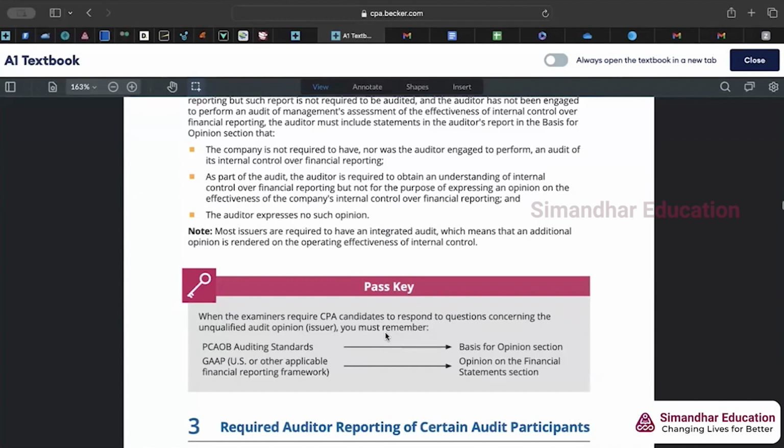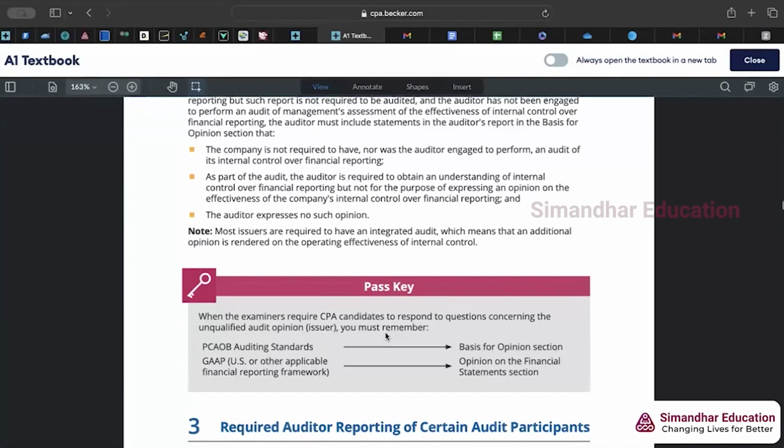Under SOX section 404, there are two subsections, 404A and 404B. You are not required to get an audit done under section 404 if you are an emerging growth company.